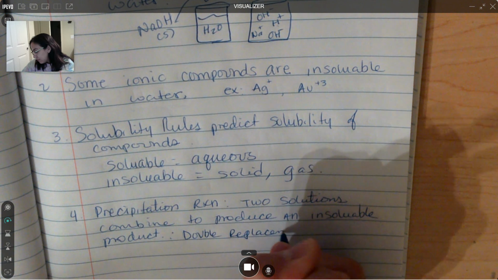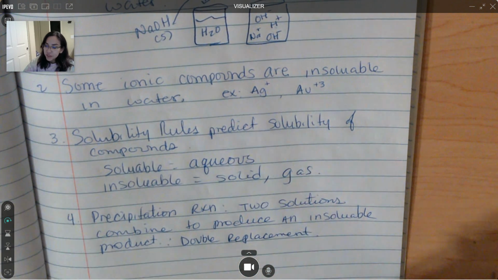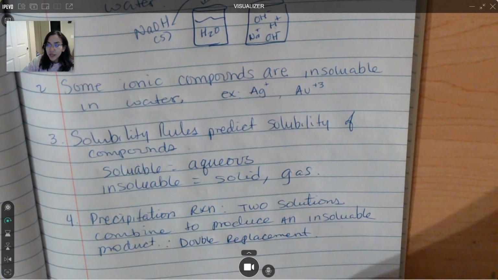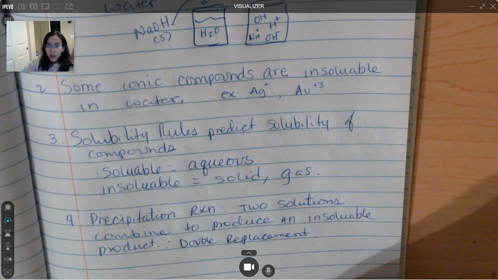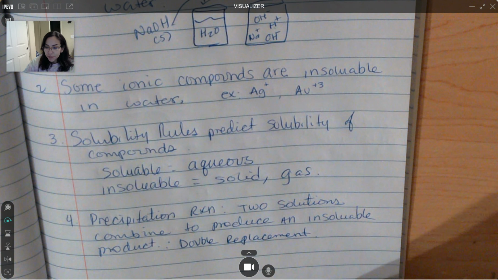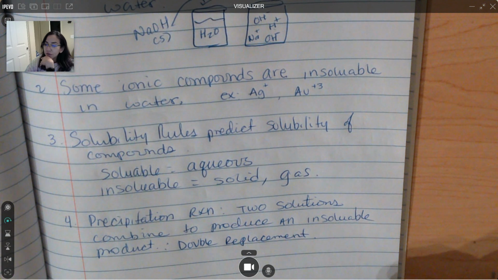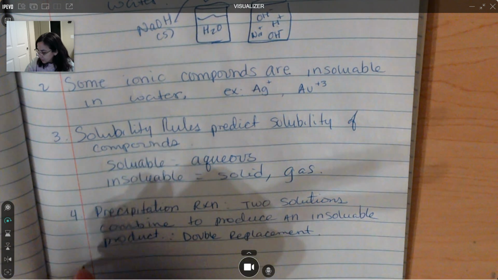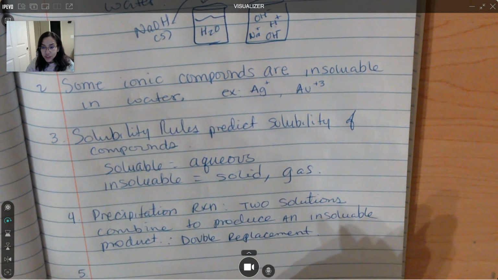But you will have single replacement reactions that will also do that, like we saw with the chromium metal that got separated. That was also a precipitate. And now we're also going to describe some of our reactions using molecular, complete ionic, and net ionic equations. And we're going to retouch on that.